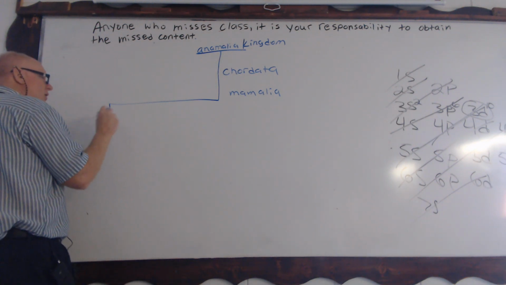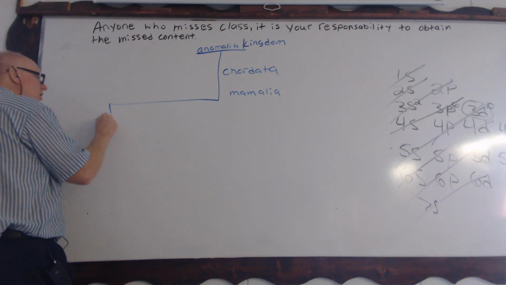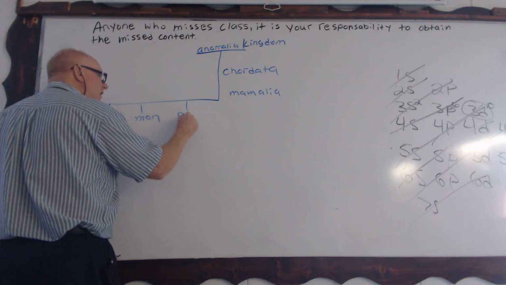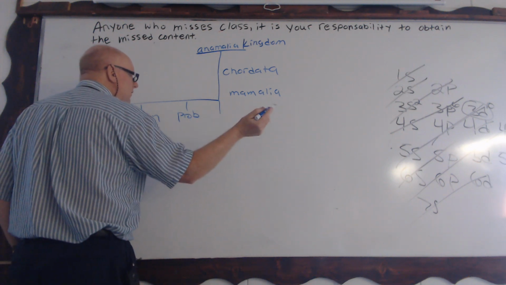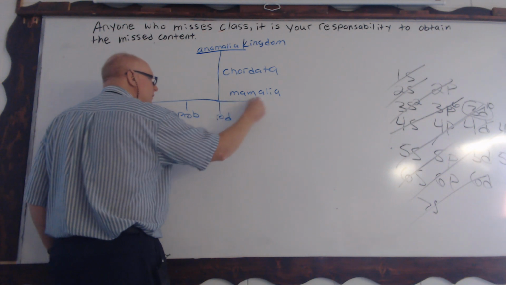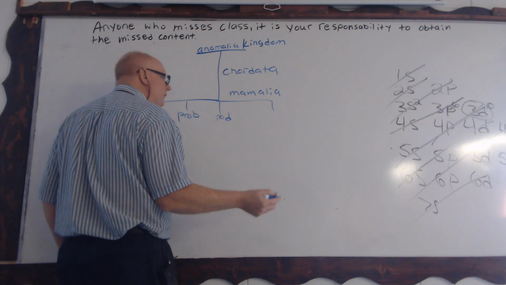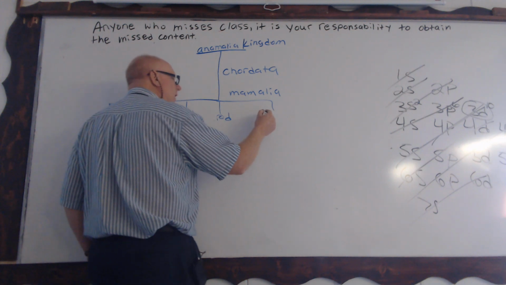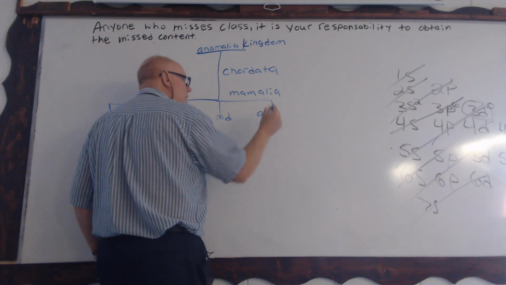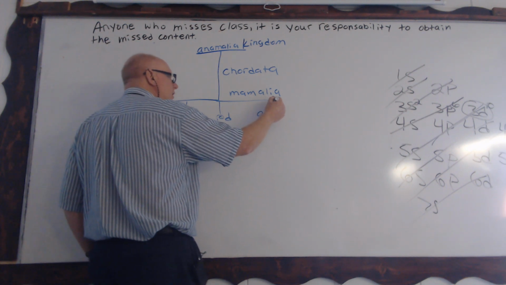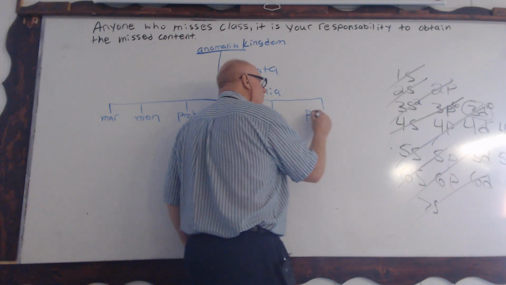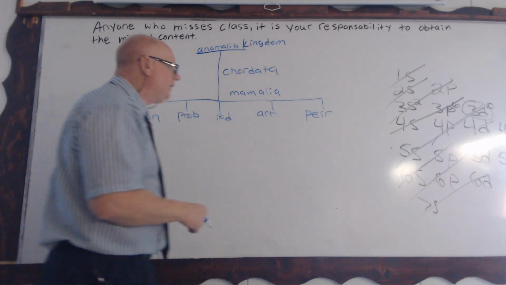Then that's where you went to your different orders, whether it was a marsupial, a monotreme, a proboscidean, rodents, artiodactylians, which are even-hooved mammals, then here are your odd-hooved mammals, Perissodactyla.